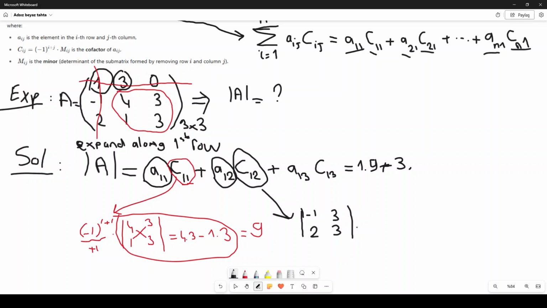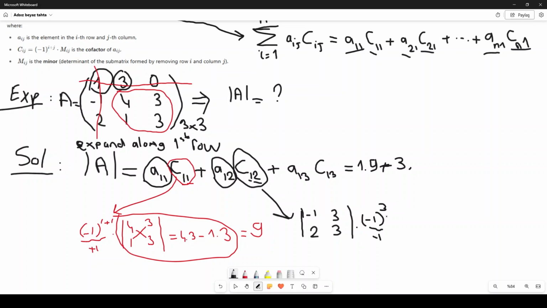And don't forget one more thing. We also need to multiply it by minus 1 to the power of i plus j. And here i is equal to 1 and j is equal to 2. So minus 1 to the power of 3, which is minus 1, because this is an odd number.